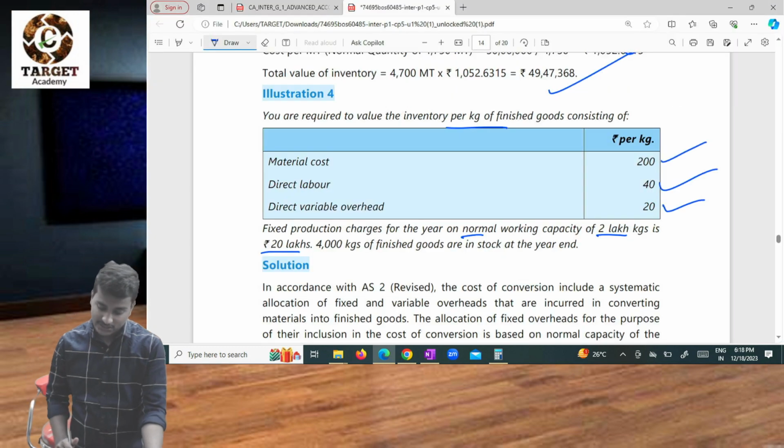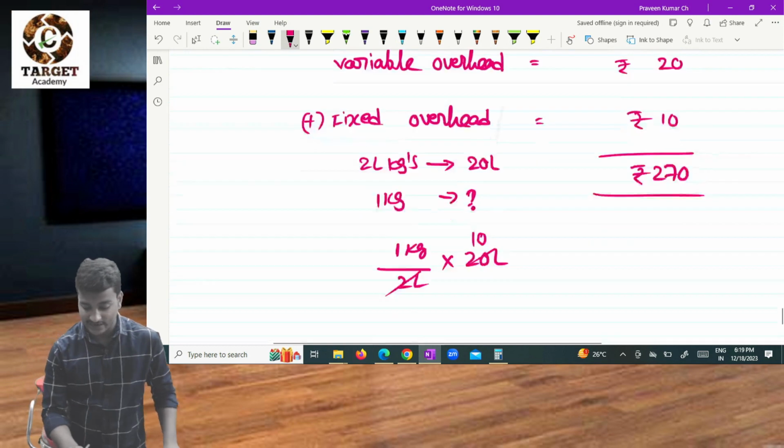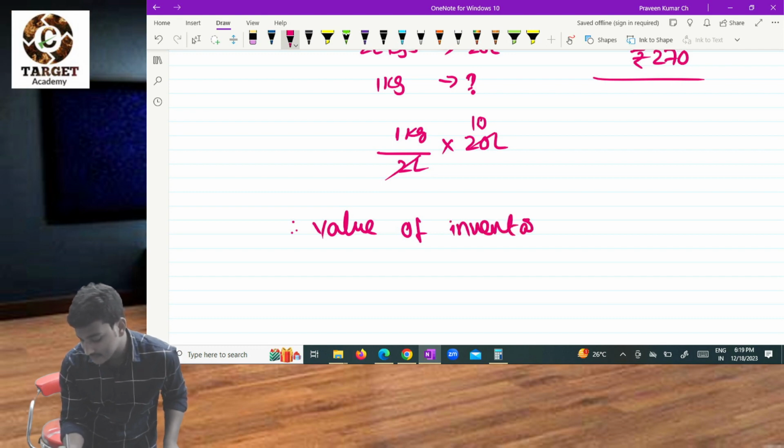So what is the question? Per kg. But there are 4000 finished goods, right? So therefore, value of inventory equals 4000 units into 270.